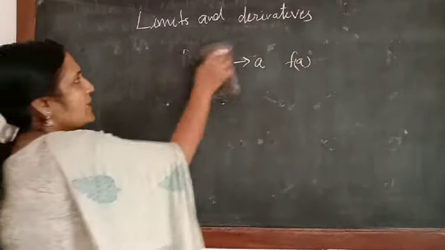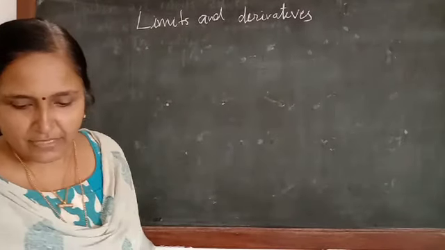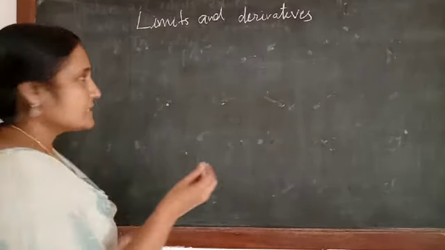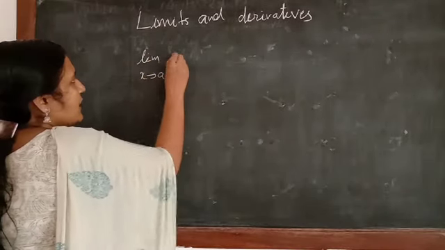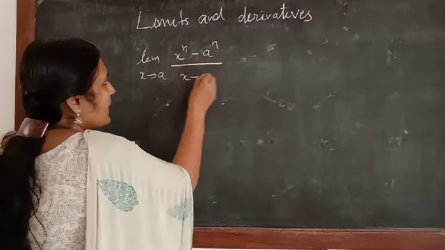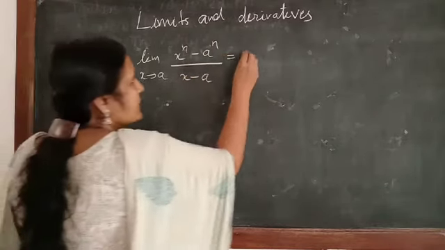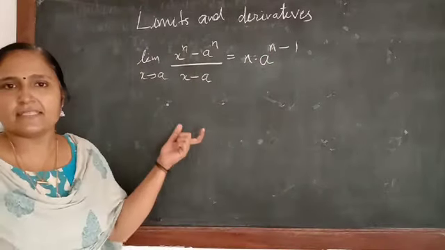So just write down that result, and after that we can check how to prove it. The first result is: limit x tends to a, x raised to n minus a raised to n by x minus a is equal to n into a raised to n minus 1.